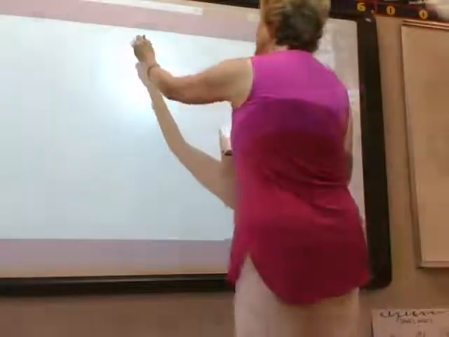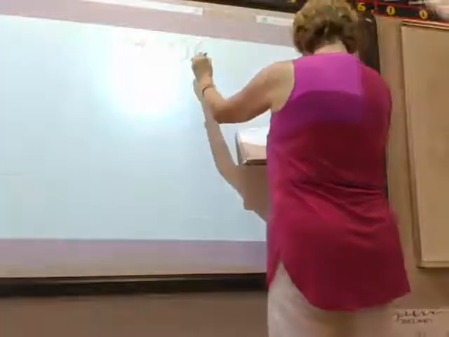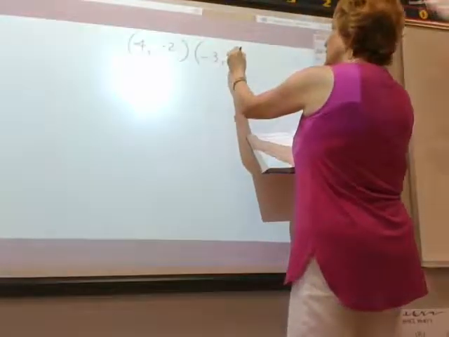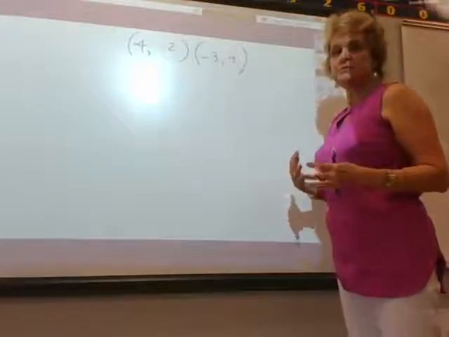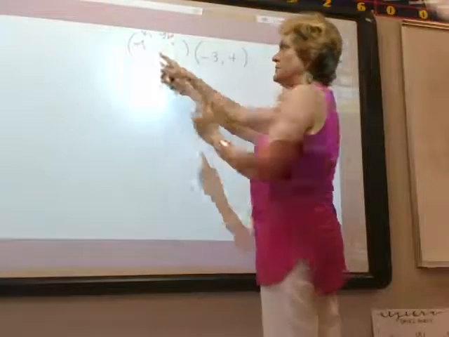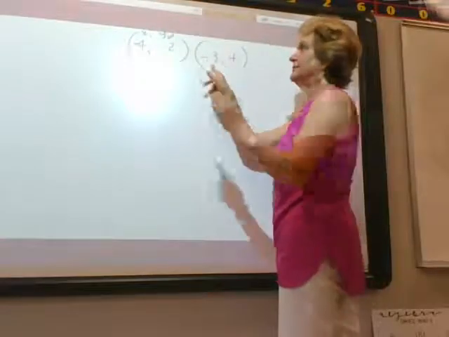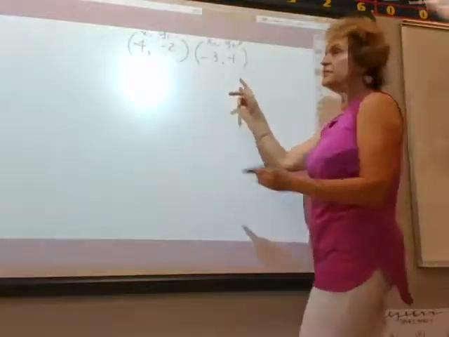And this is for (-2, -3) and (4, ...). Now, it doesn't matter which point you call 1 or 2, just be consistent, okay? So, x1, y1. In other words, I don't want to say x1, y2, okay? So, be consistent. All right, so first we're going to find our slope.